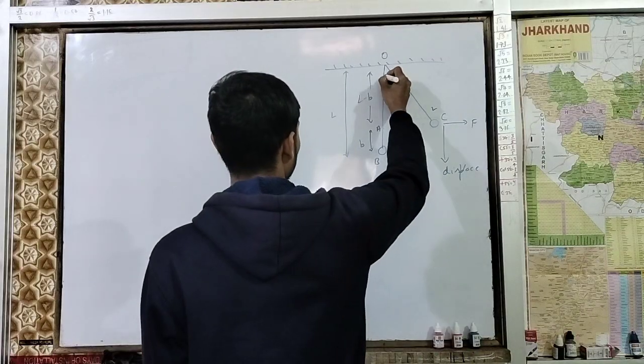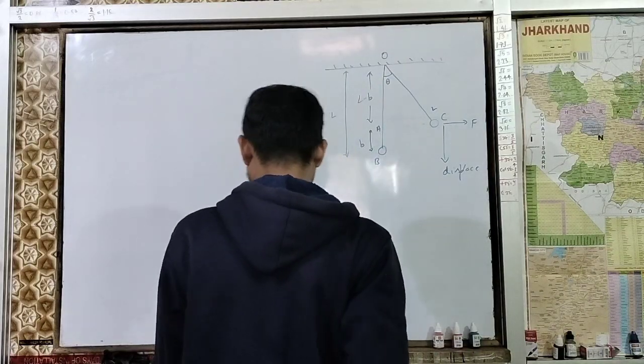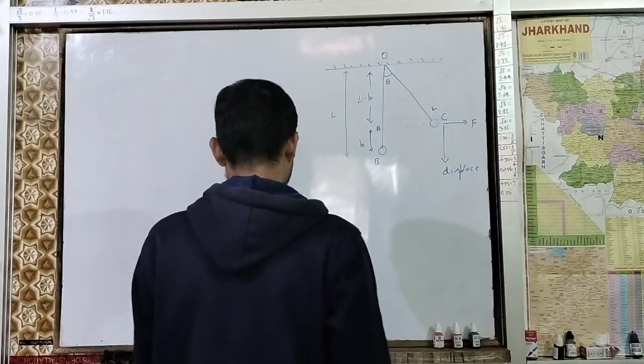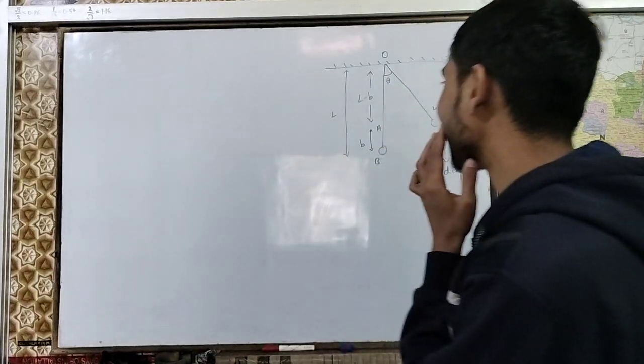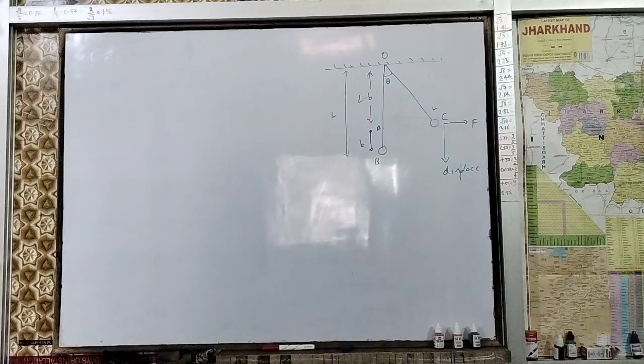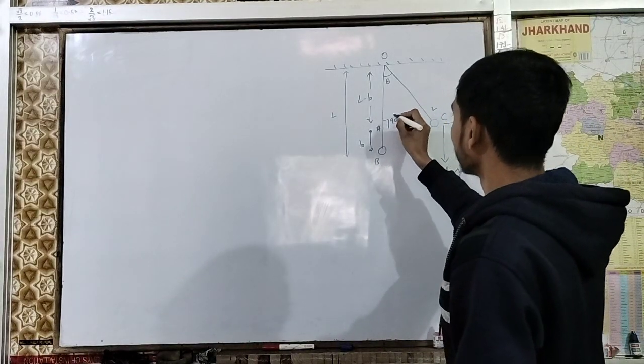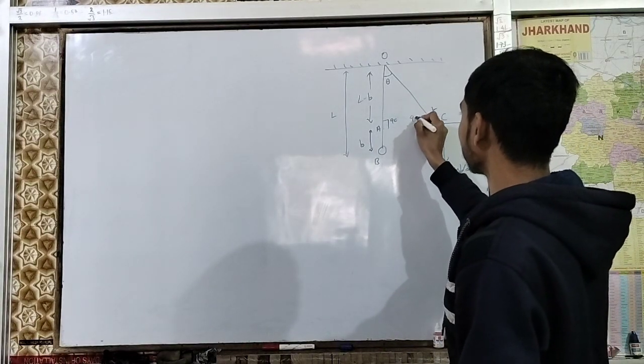If this is theta, it is making a right angle triangle, of course this is 90 degrees, so this will be 90 minus theta.